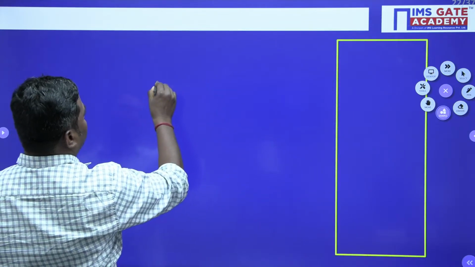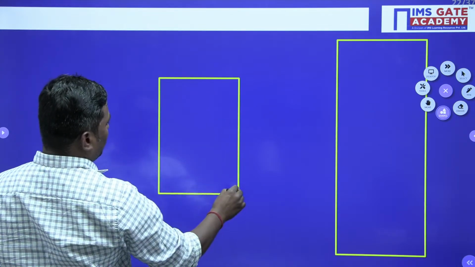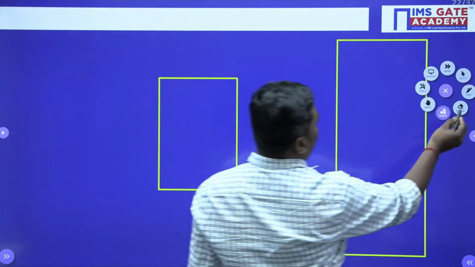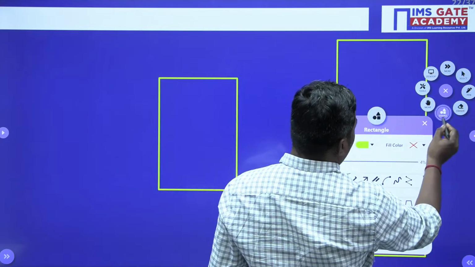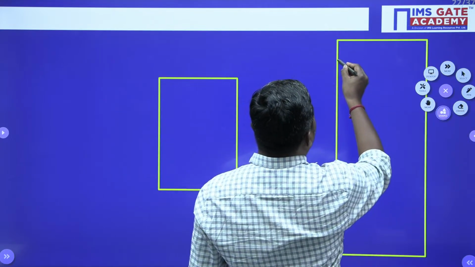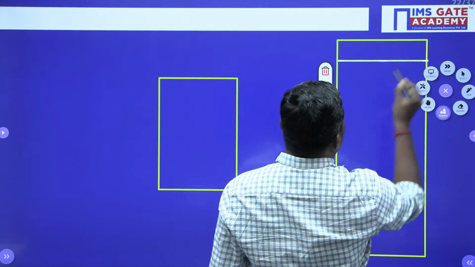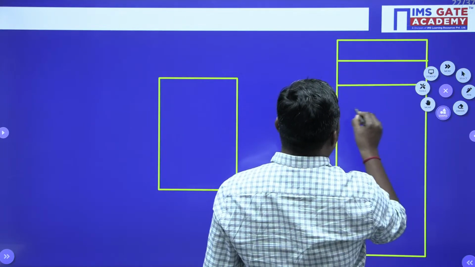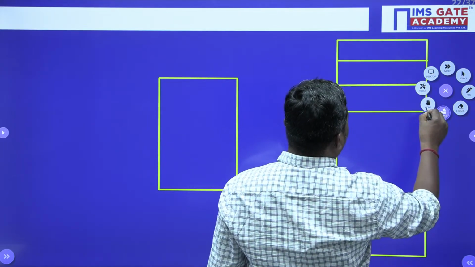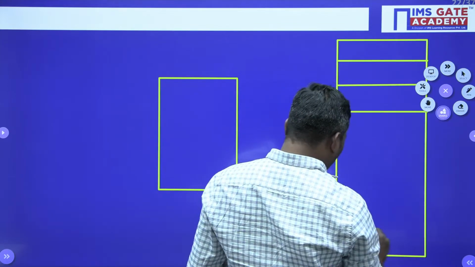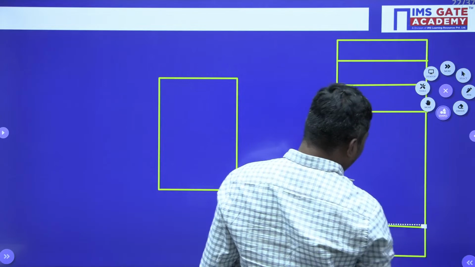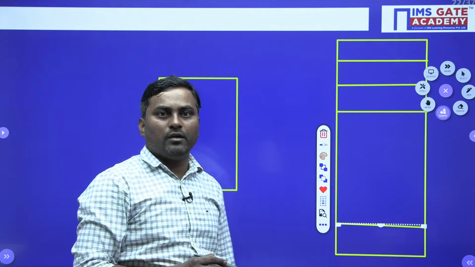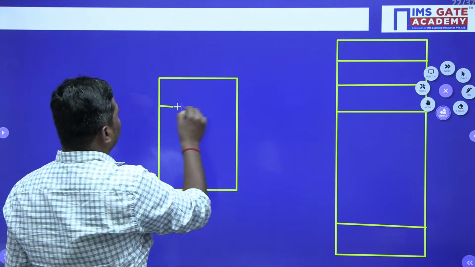So we divide it block-wise, right? Block number 0, block number 1, block number 2, like this up to the last block. How many blocks are there in total in main memory? 32 blocks. Now look at the cache.